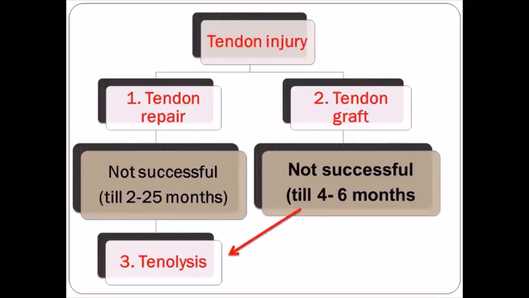And the third type of surgery, which I'm not going into in detail, is tenolysis. If both tendon repair and tendon graft have failed, or even after therapy you did not get the optimum result, then the surgeon has the only option to go for tenolysis.